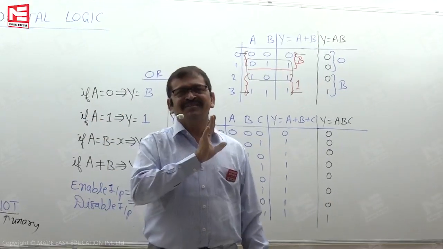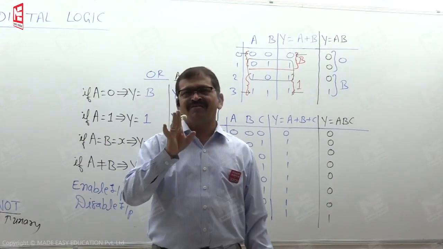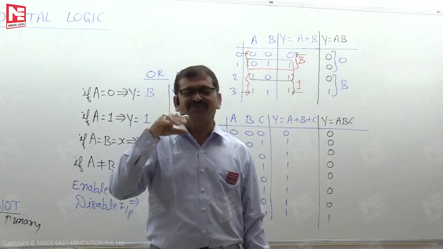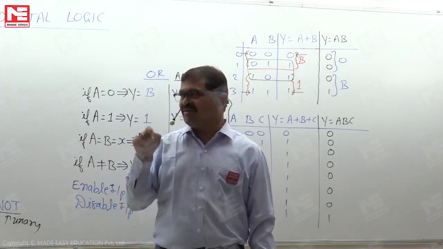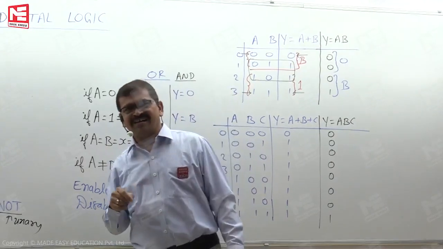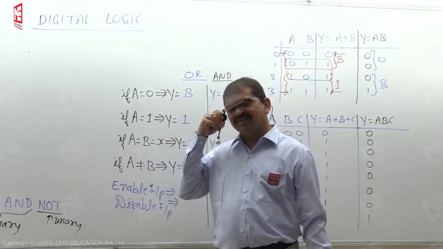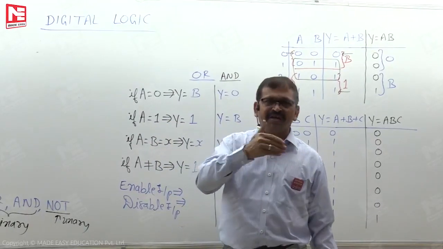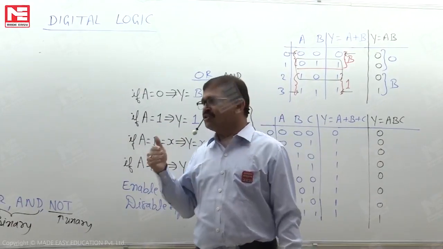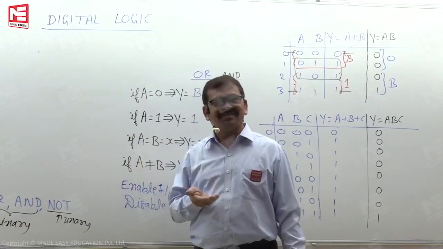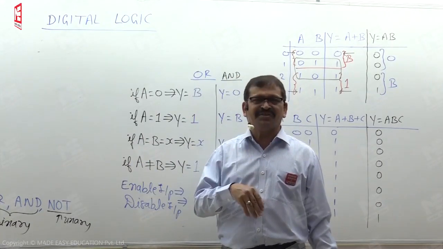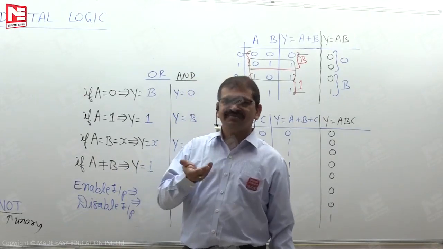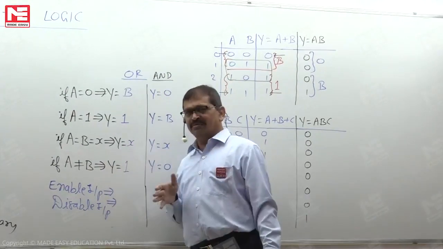It means if we do not provide the clock, the circuit is in an inoperative or inactive state. As and when we provide the clock signal, the circuit operation depends upon the remaining inputs, meaning the circuit gets normal operation. It is in the active state. So that is the meaning of the words enable and disable.